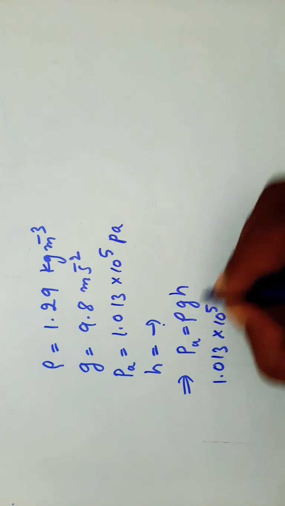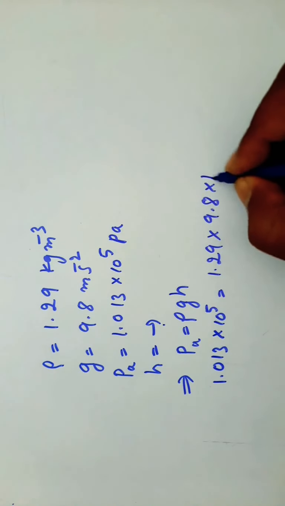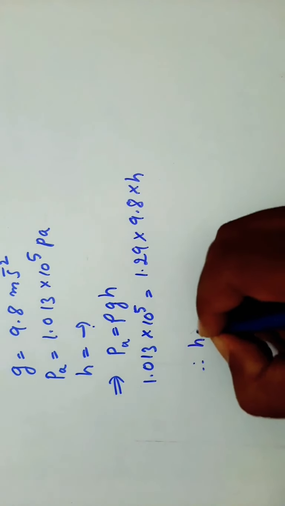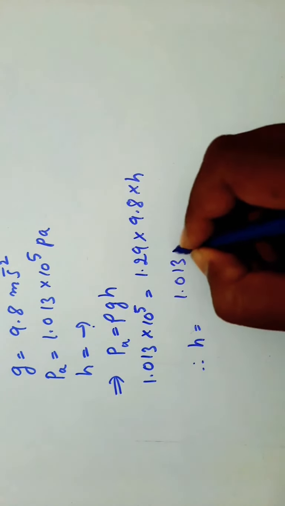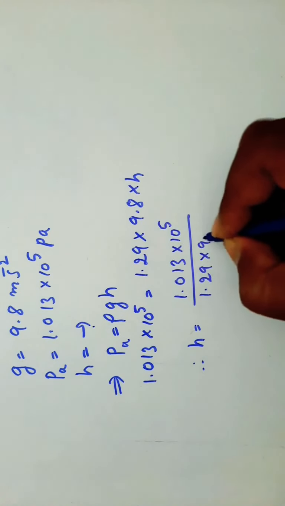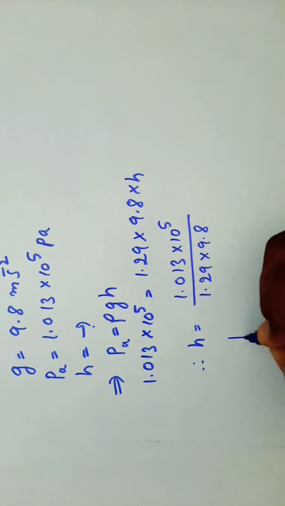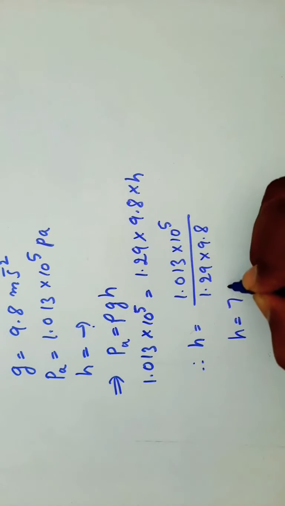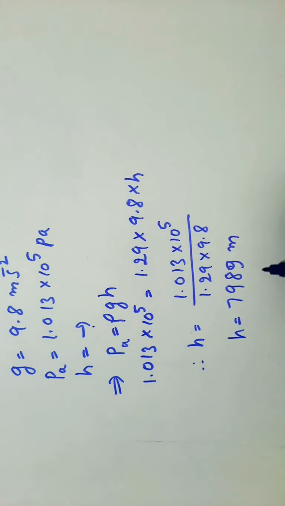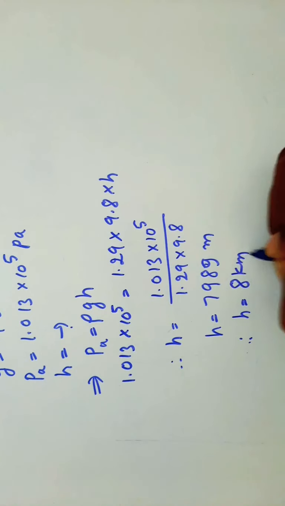That is equal to rho, 1.29, into g, 9.8, into H. So from this, therefore H is equal to 1.013 into 10 to the power of 5 by 1.29 into 9.8. If we simplify this, we can get H is equal to 7989 meter. So that is H is equal to 8 kilometer.